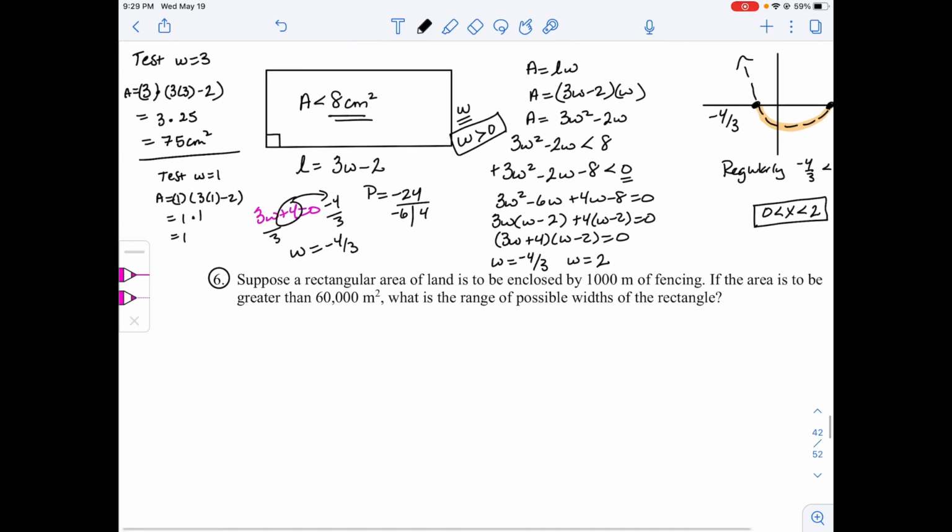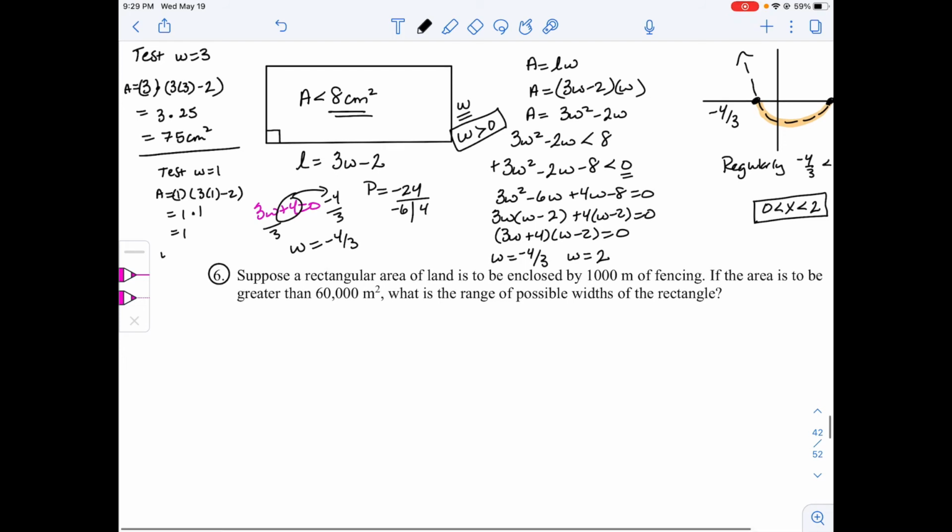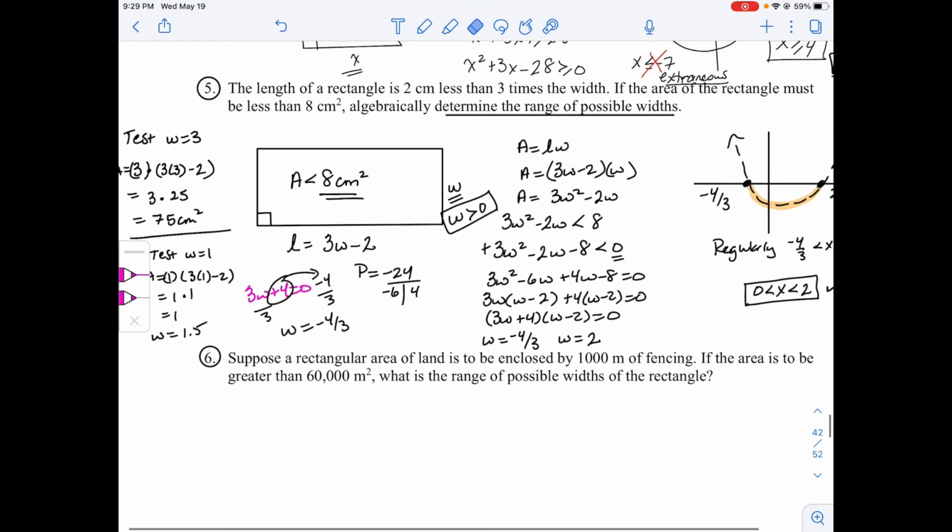And again, if we were to pick something a little bit bigger, like a width of 1.5, and we plug that in, I'm just trying to show you that the answer in the back is wrong.